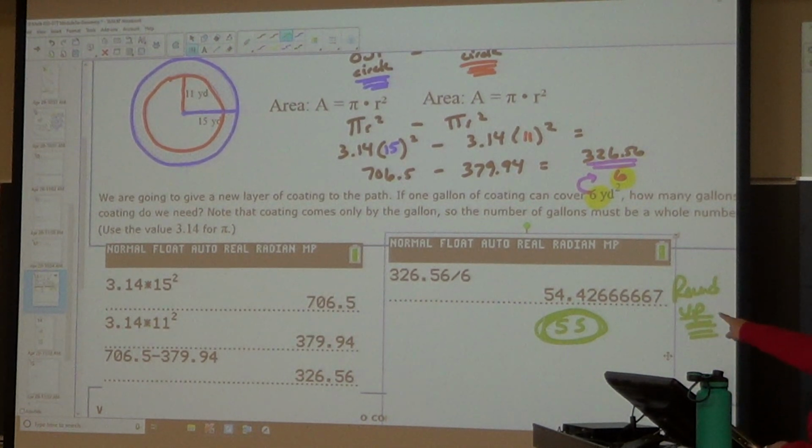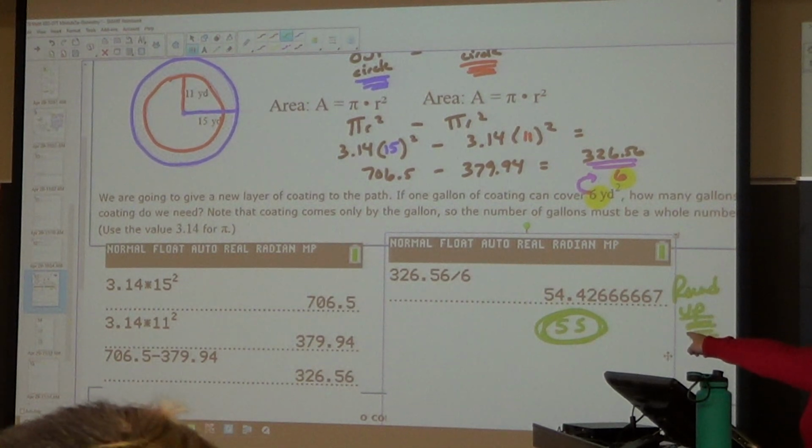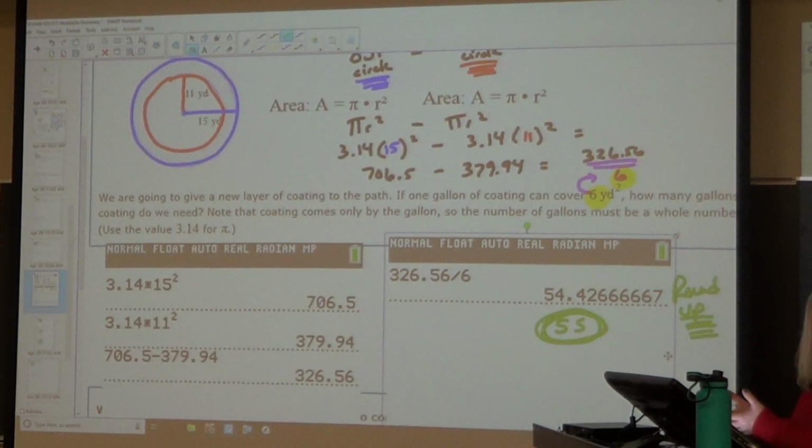So if y'all need 54.4 gallons and you buy 54 gallons, you don't have enough to finish the job. You got to buy an extra gallon and have some left over. So we've got to round up to make sure that we have enough material. So you're going to round up no matter what. So even if it was 54.1, you're still going to go to 55. 54.01, you're still going to go to 55.